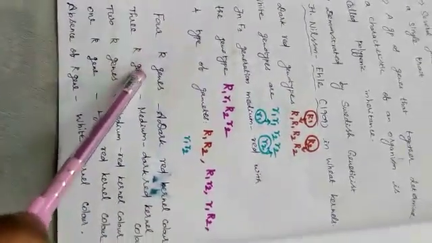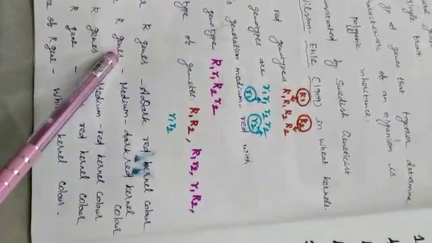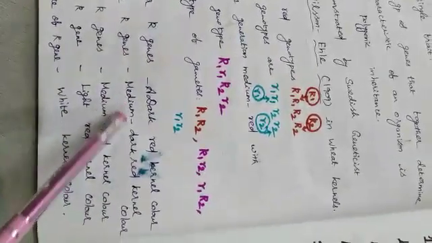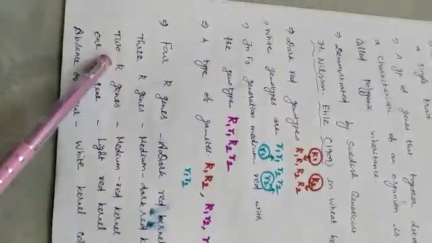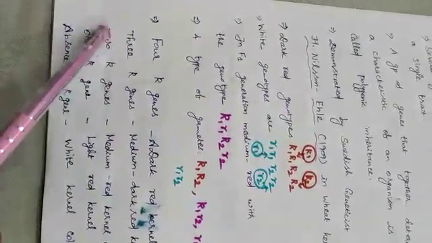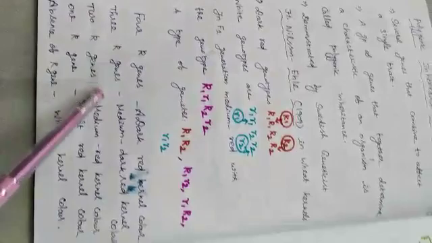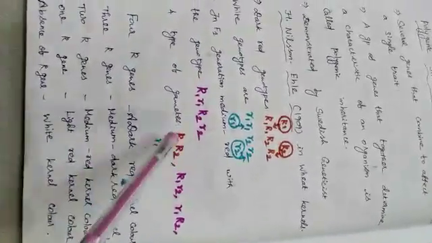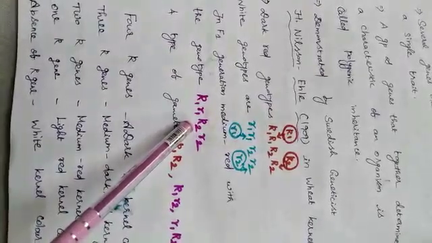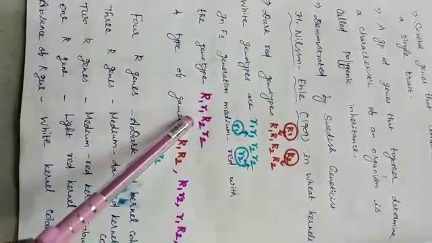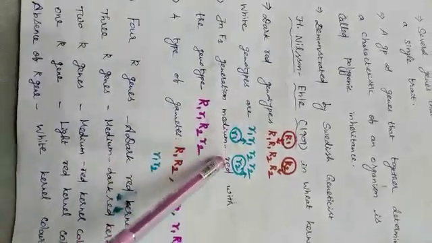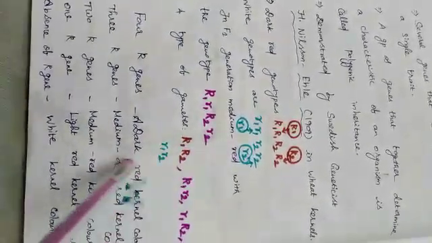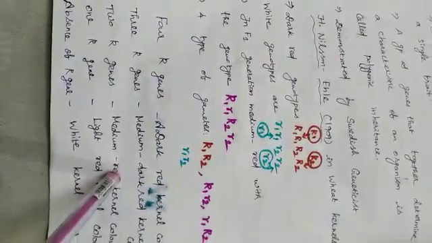Suppose three R alleles are present in the F2 generation, then a medium dark red kernel color is produced. Two capital R alleles present means medium red kernel color, which already appeared in the F1 generation. The same color is produced in the F2 generation also.